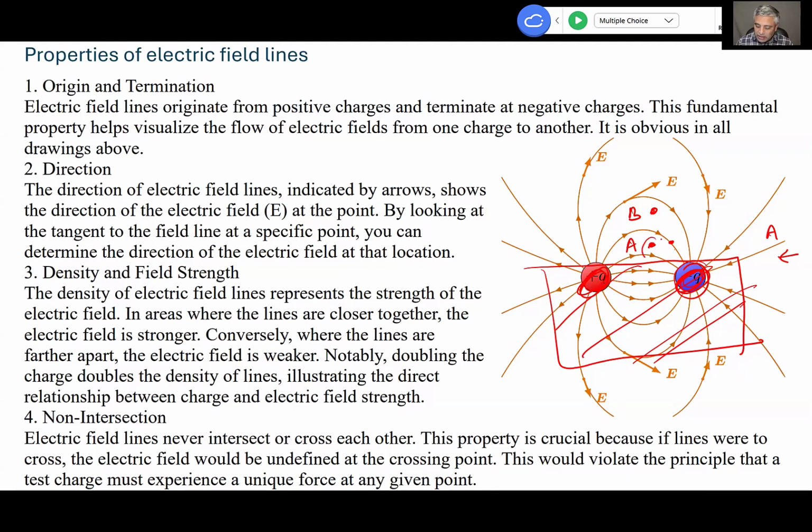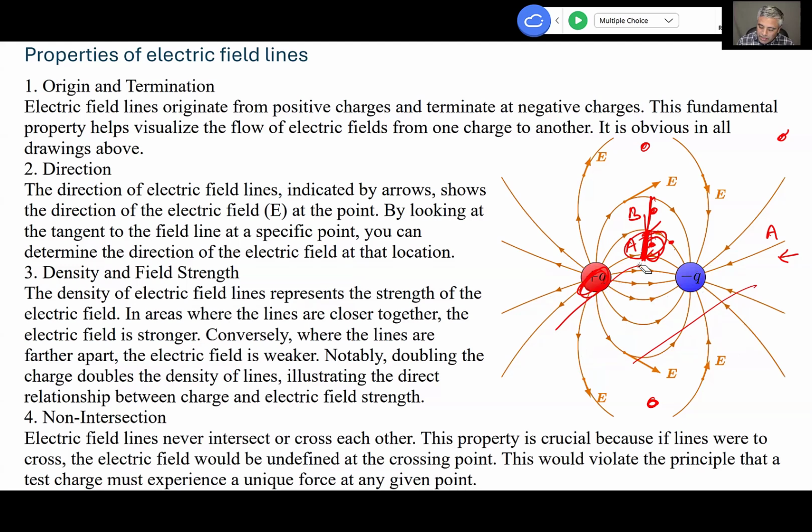Then you can tell the field is stronger here because the separation between these two lines is smaller compared to this one over here, right? So we can say in this region, field is smaller compared to over here. Over here, even smaller, because the lines get less dense.